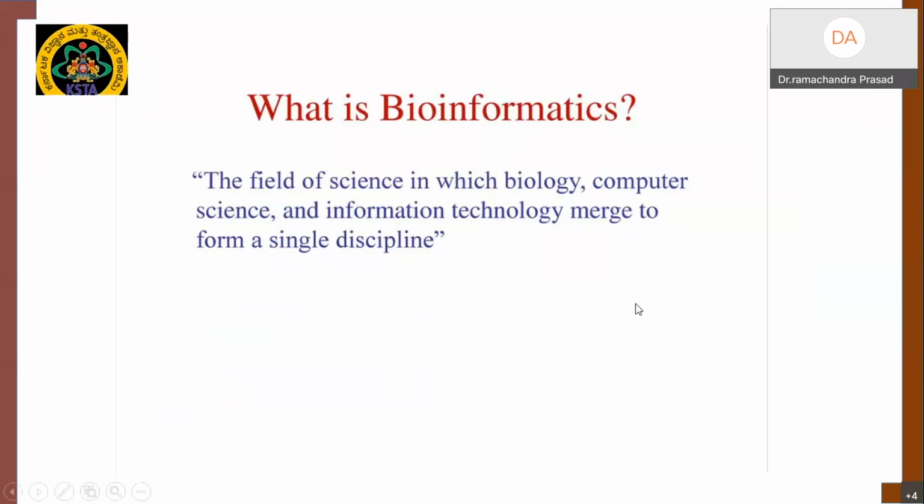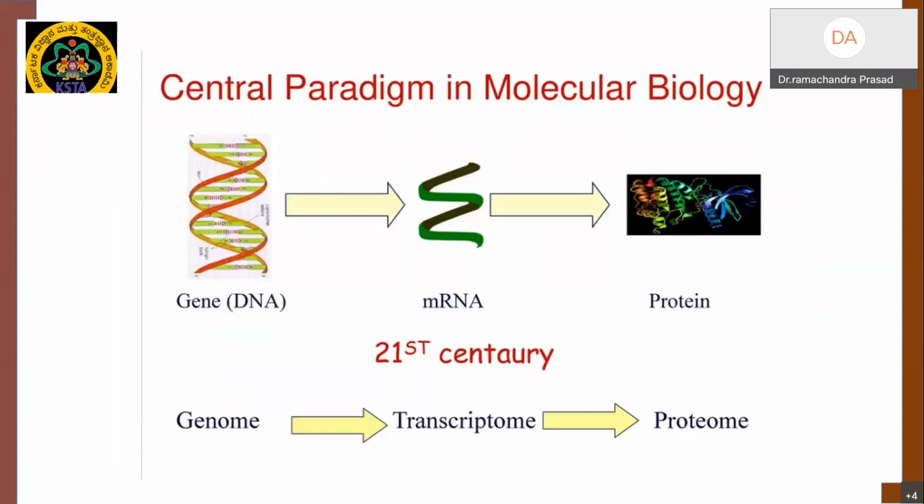So as we look at the basic information of biology, it is hidden in a gene in the form of ATGC. By the central dogma principle, this DNA or gene is expressed and forms the mRNA.